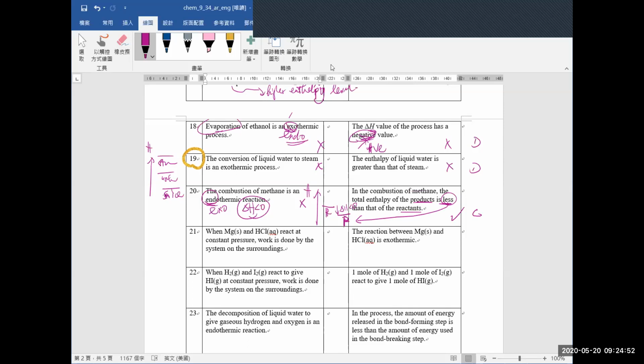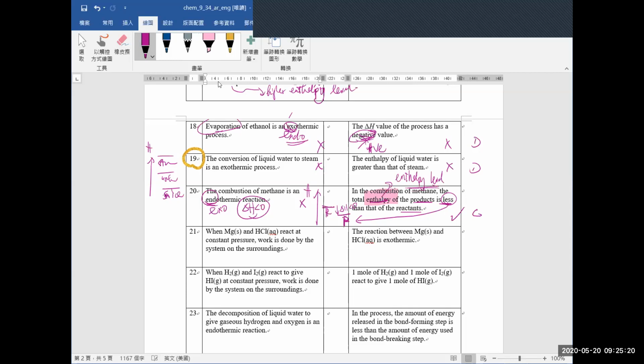For question 20, you don't understand the second statement, right? So what is meant by the total enthalpy? Enthalpy here is different from enthalpy change. We talk about heat level, okay? Level of heat. So we call it enthalpy, or sometimes you will see the term enthalpy level.